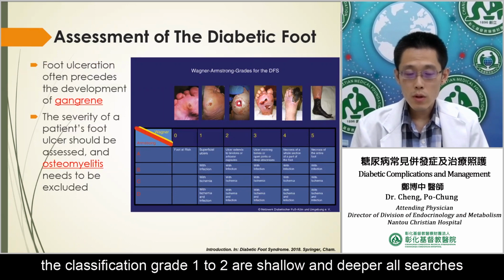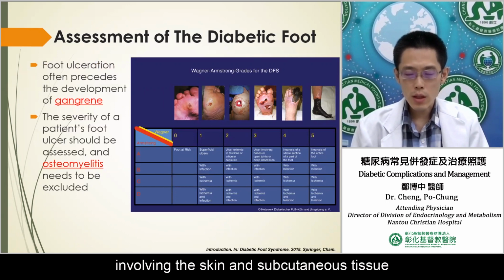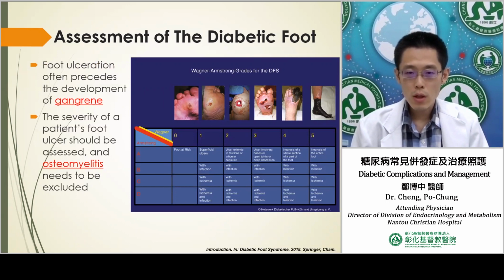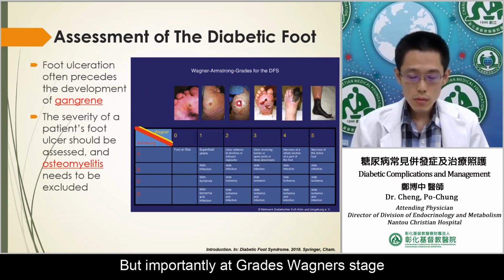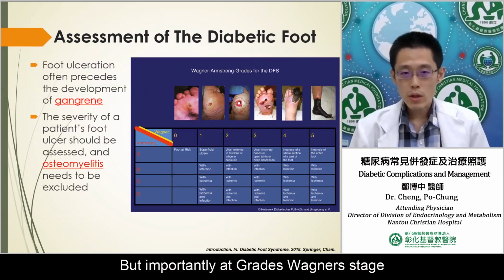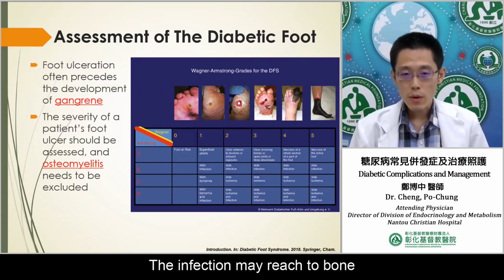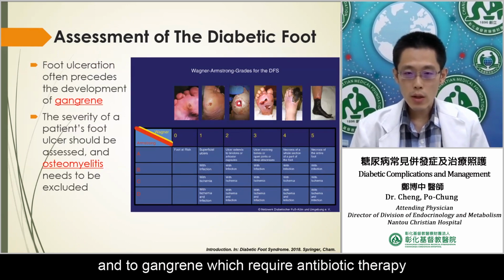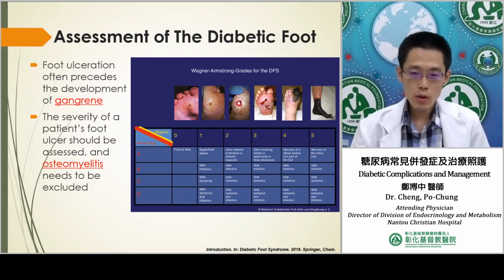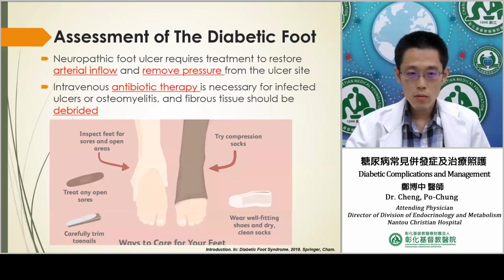Grades 1 to 2 are shallow and deeper ulcers involving the skin and the subcutaneous tissue. But importantly, at Wagner stage 3 and above, the infection may reach to bone and to gangrene, which require antibiotic therapy and may lead to amputation.